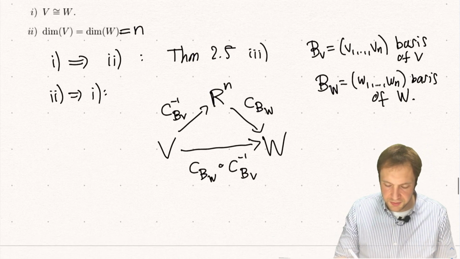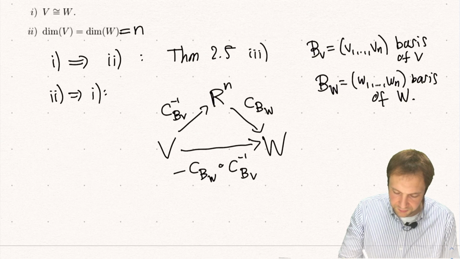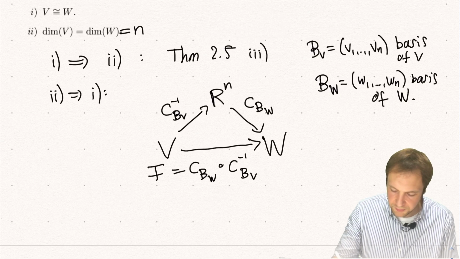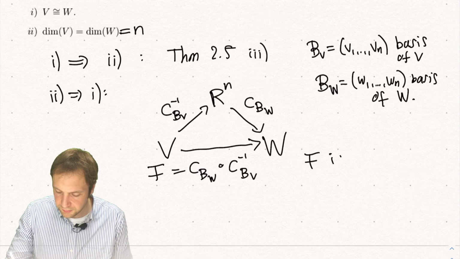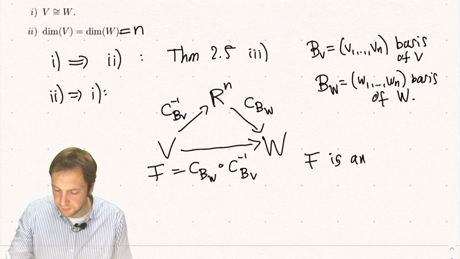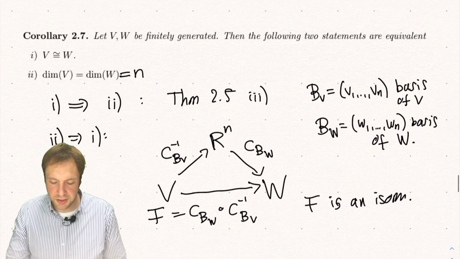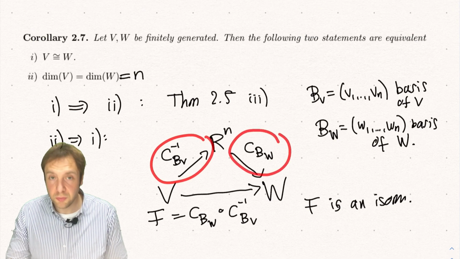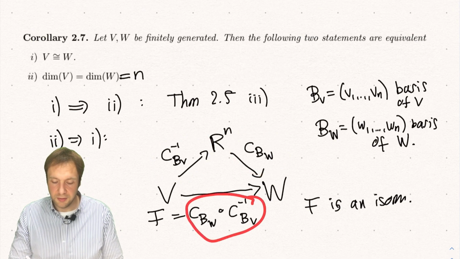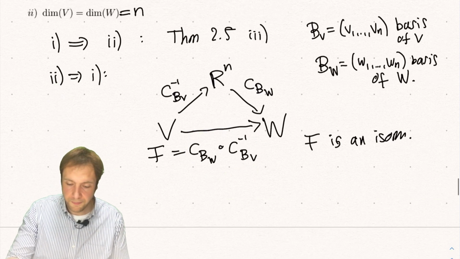And what this just means is, if I call this F, F is an isomorphism, and for this you would need to check that if I compose two isomorphisms, then this is also again an isomorphism.